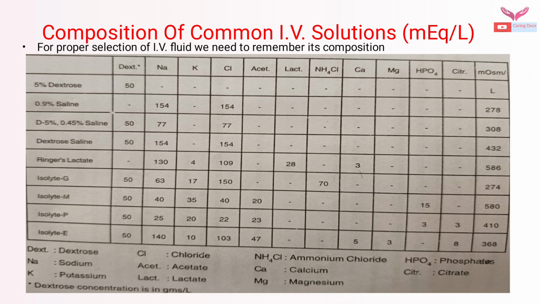Similarly, Ringer lactate has a sodium of 130, chloride of 109, lactate 28, calcium 3, and the osmolality is 586. So you can remember the various values by going through this table.